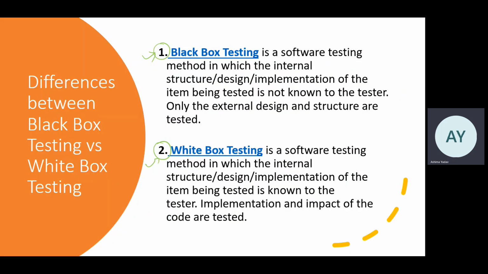Black box testing, as we have just discussed, is focused only on the external design of the software, and they do not care about the structure, the implementation, or how exactly the system is being run. Black box means internal details, we are not concerned of that. We are only concerned of what is the external output there.